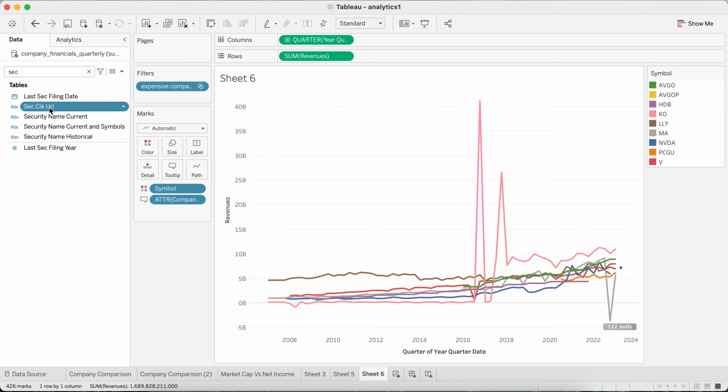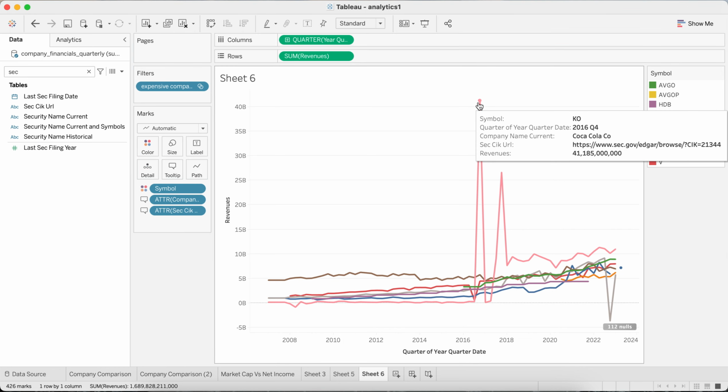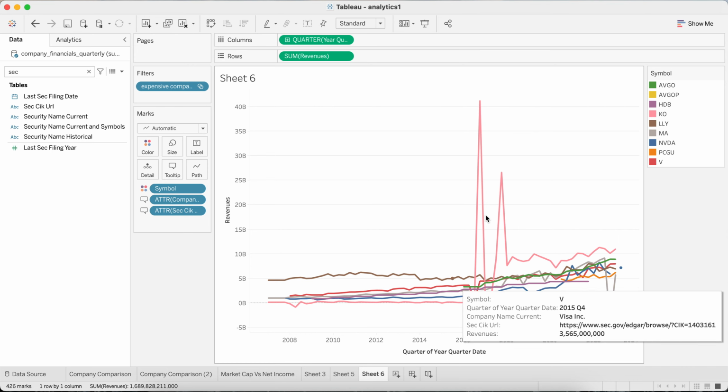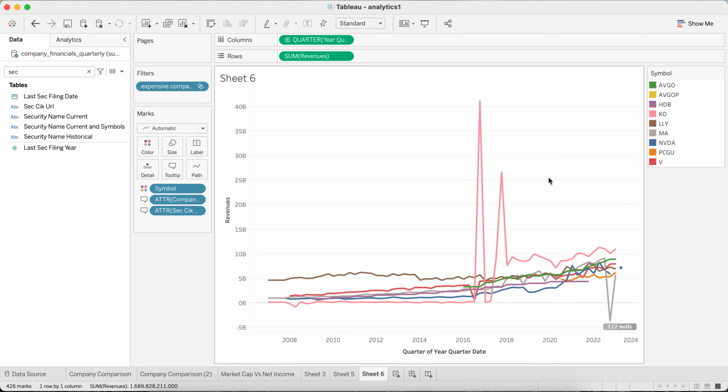If we look at the SEC URL, let's add that to the tooltips. We can simply go to sec.gov, EDGAR browse, and we have that central index key 21344 for the Coca-Cola company, and understand whether they really did report so much more revenue for those quarters, just to confirm that our data in this database is fully correct, since not every single row has been reviewed yet by a data quality analyst.